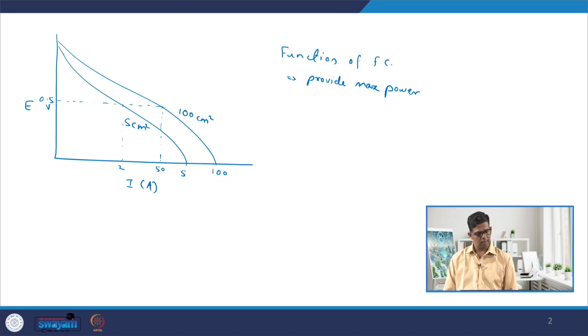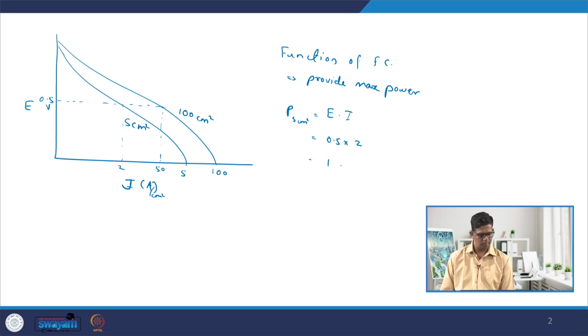So although the area with a smaller cell probably would be performing inferior, let me use this current density, amperes per centimeter square. So if I normalize this, the power produced by, let's say, 5 centimeter square cell at 0.5 volt is E times I. So it is 0.5 volt times, let's say, 2 amperes of current.